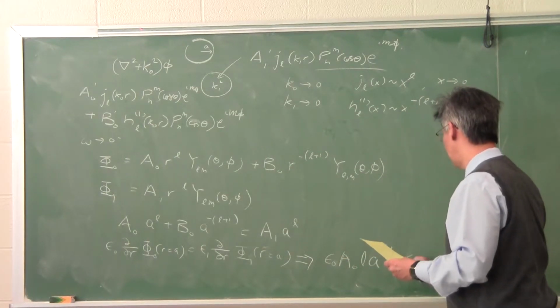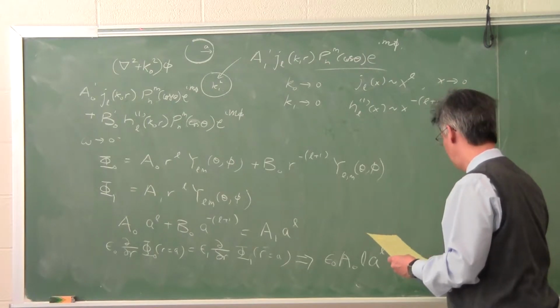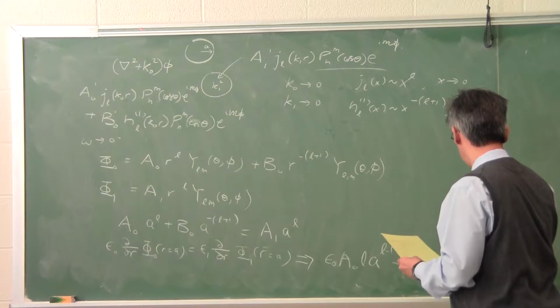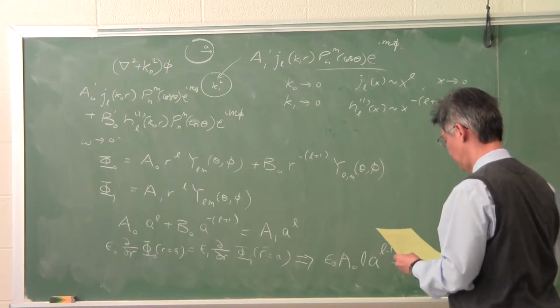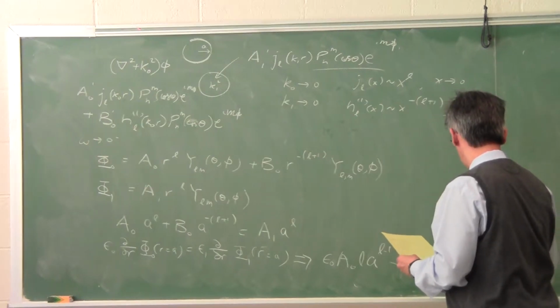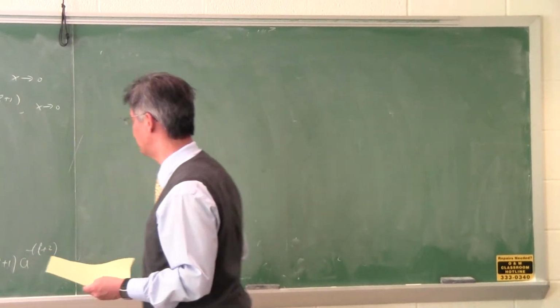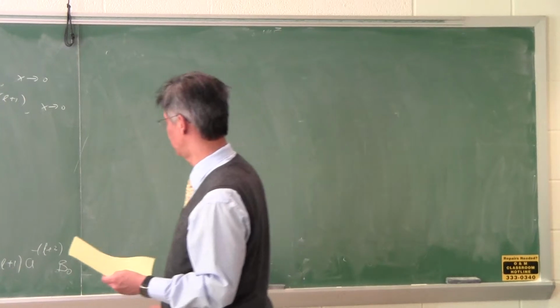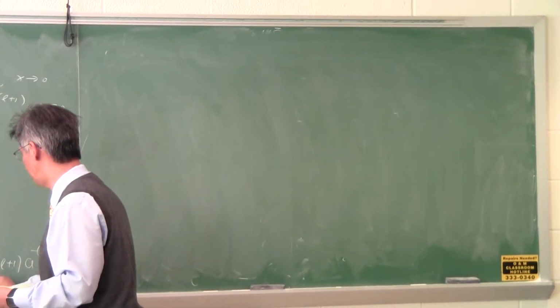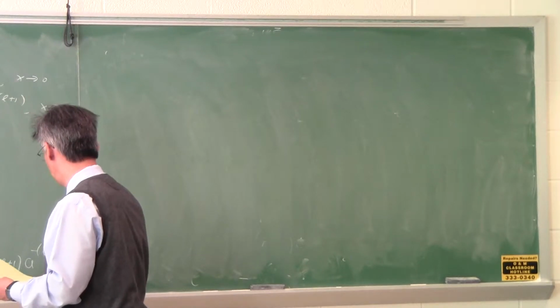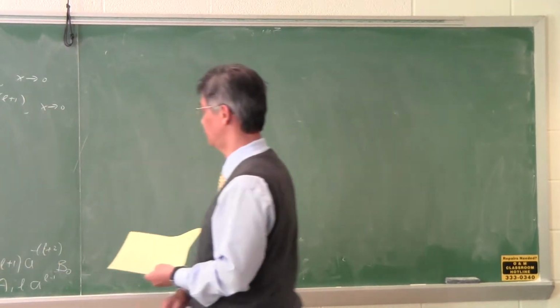So you get a negative sign, (l+1) a^(-l+2), B naught. That is the second term. And then this must be equal to epsilon 1, A1, a^(l-1).